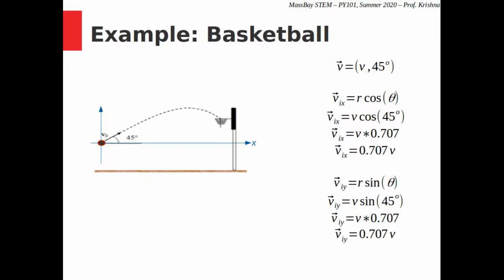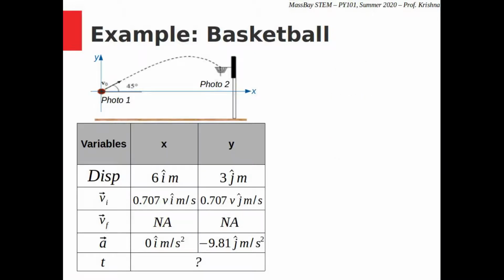The y component is v sine 45 degrees. The sine of 45 degrees is also 0.707, so vi in the y direction is also 0.707 v. Let's use this information in our table. When we write it this way, we now see there are 2 things that the x direction and the y direction have in common.